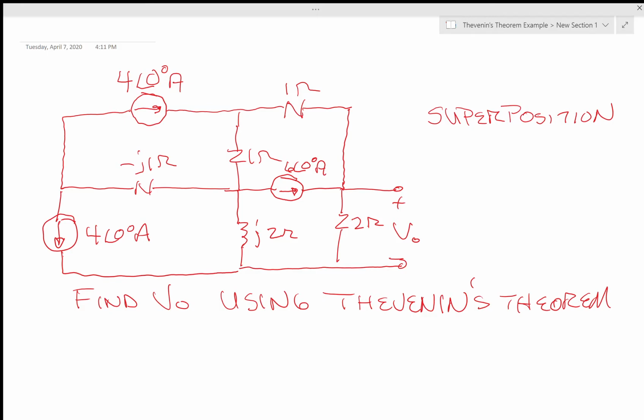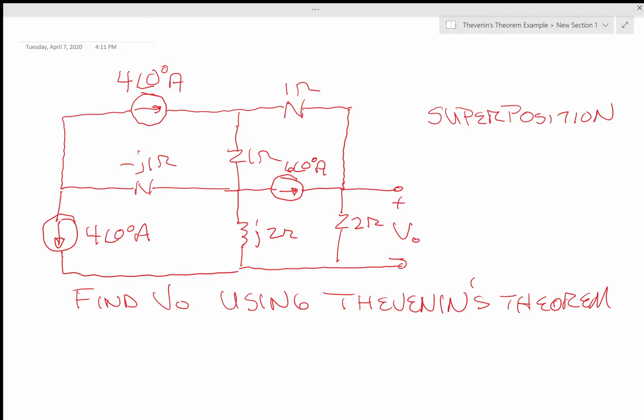The way superposition works, you take all the sources out, open circuit the current sources, short circuit the voltage sources, and you stick one source in at a time, and it's just a little series network every time, and you add them up at the end.